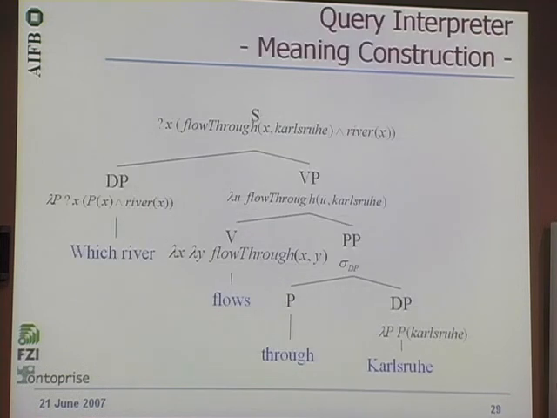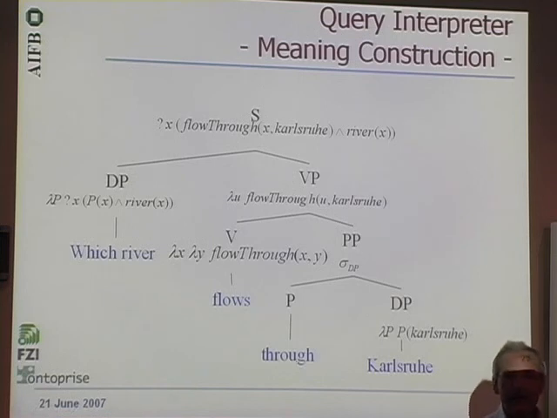Okay, so what is the basic approach we use for building up the meanings of these natural language queries? Here the query is, which river flows through Karlsruhe? You see here that we use a compositional approach. So we analyze syntactic elements, like that verb phrase here, for example, or that extension of the verb phrase relating to some prepositional aspects.